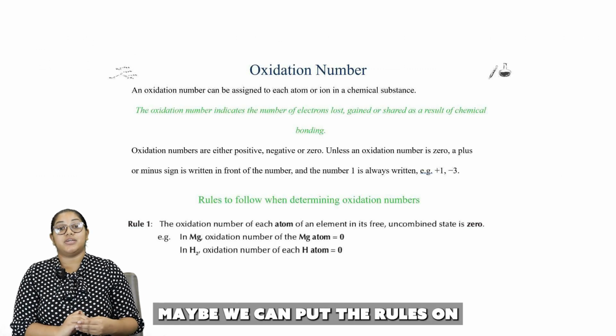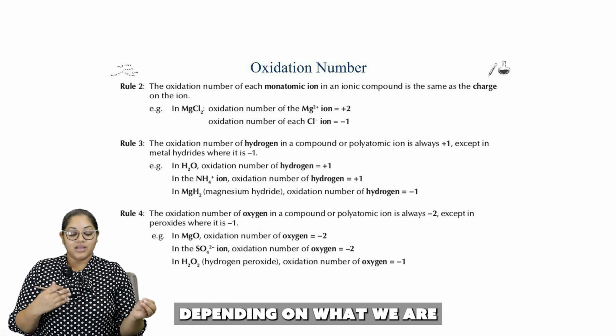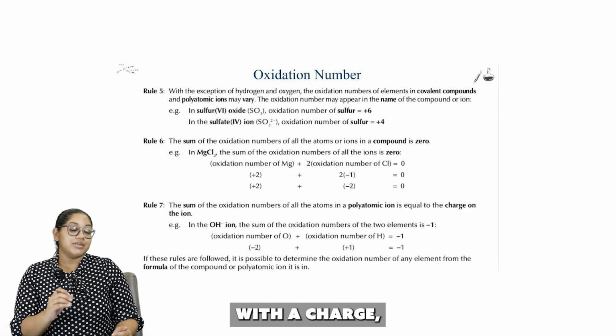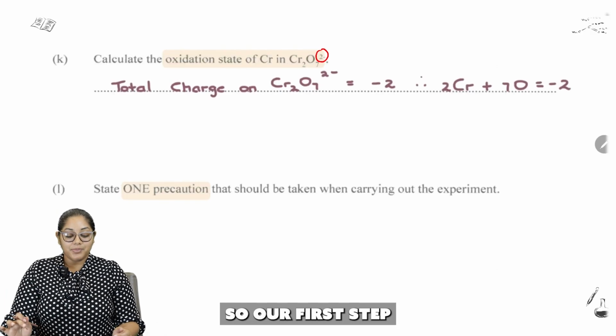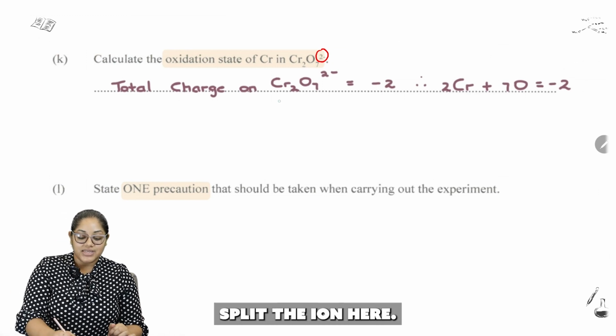Maybe we can put the rules on the screen for you guys. There are a couple rules that we will use depending on what we are given. For a polyatomic ion with a charge, it is equal to the charge on the ion. So our first step is to write out a little statement. We are just going to split the ion here.